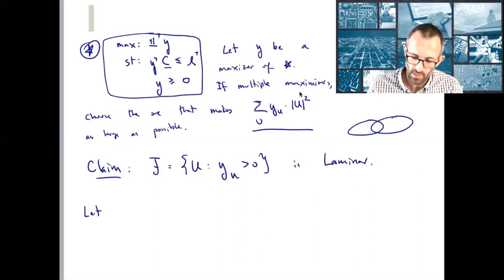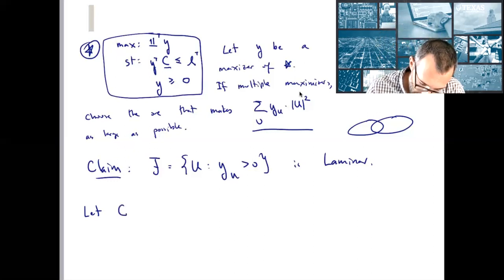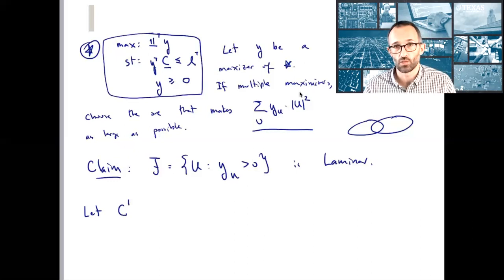Remember, what is C? The rows of C correspond to the rows of U, and therefore I'm going to pick a subset of those rows. I'm going to call that C dash, which I don't want to confuse with C transpose.